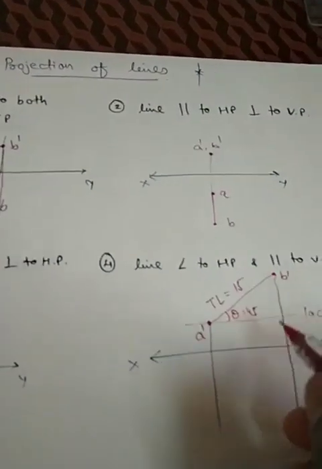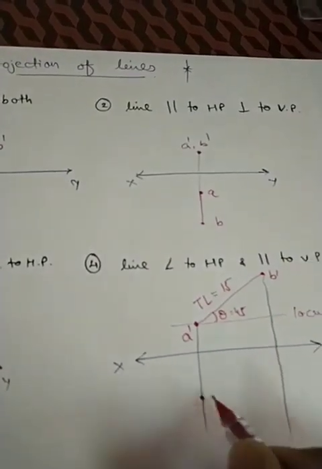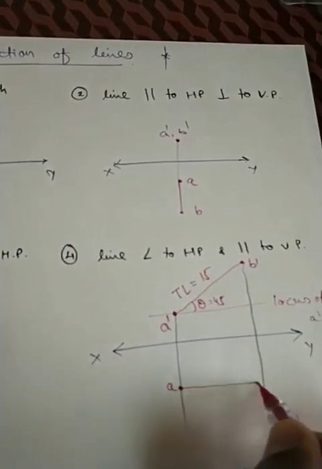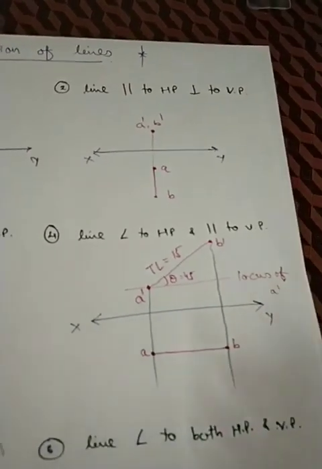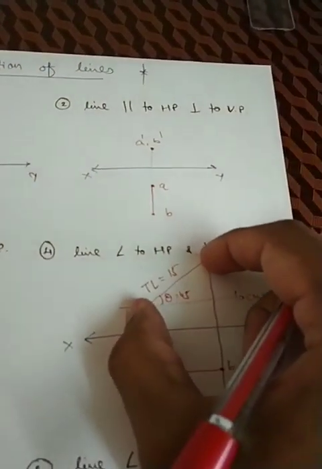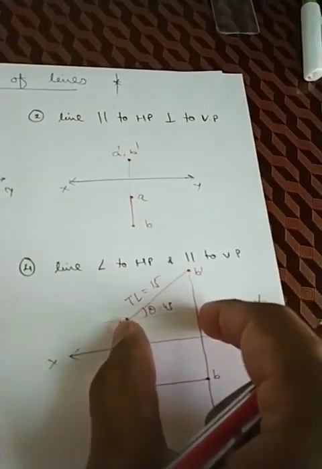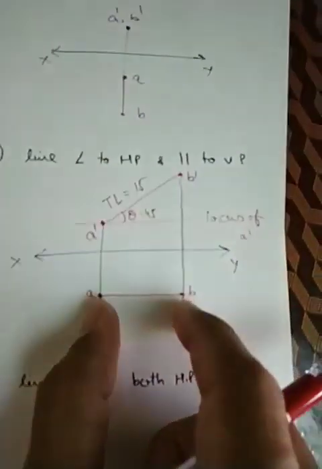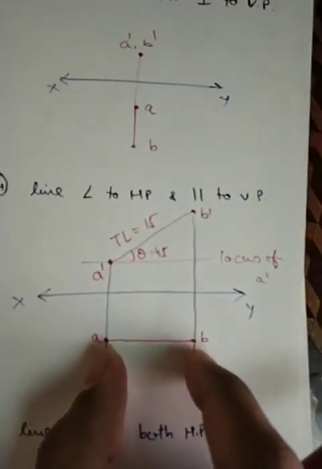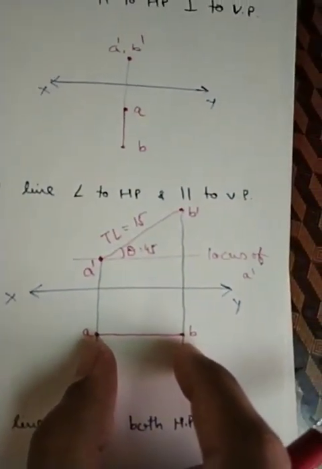So the top view will be somewhat like this, A to B, right? A to B. Now if this length is 15 mm, obviously this length will be reduced to a certain amount, right? So this will be the case when the line is perpendicular to HP and parallel to VP.